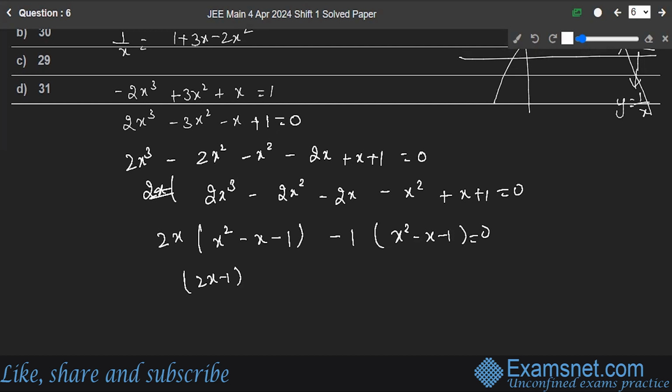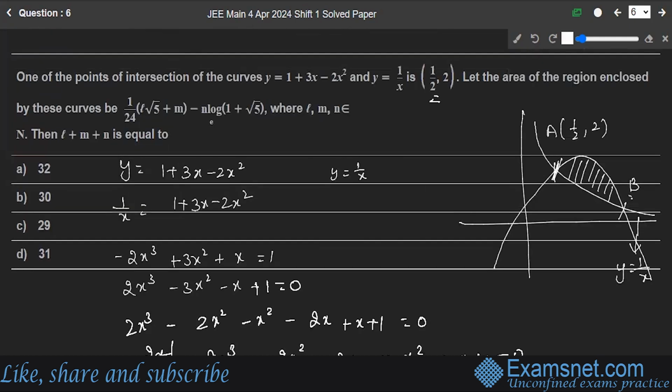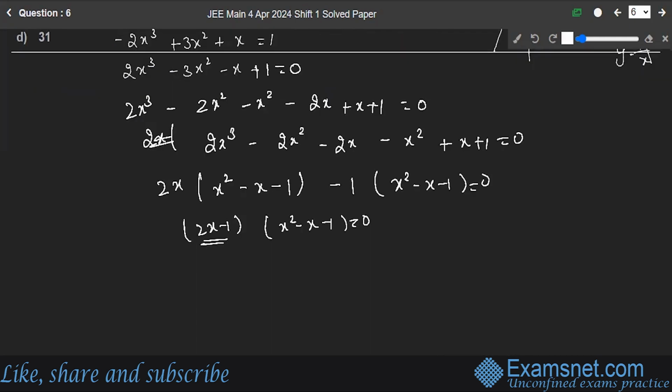So two factors are this and this. We already have x is equal to 1 by 2 over here. The second one is this. So x squared minus x minus 1 is also equal to 0. Let's find out the root using the quadratic formula. X is equal to minus b plus minus root of b squared minus 4ac upon 2a.